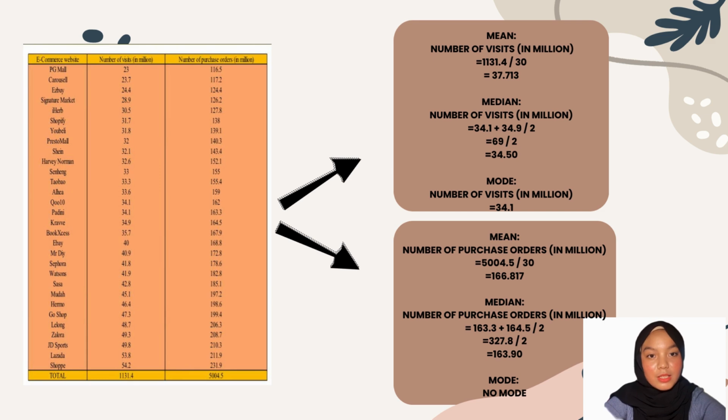Same as the number of visit dataset, for the median we sum the two middle values and divide by 2, then we get 163.9 million. For the mode, there is no mode for this dataset because the data do not have any value that occurred two times.